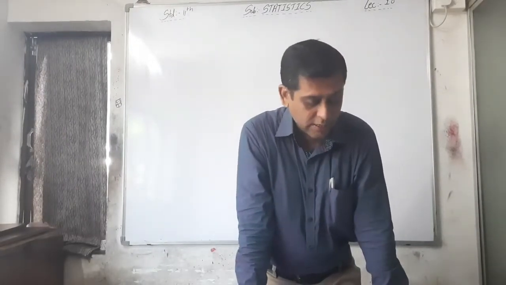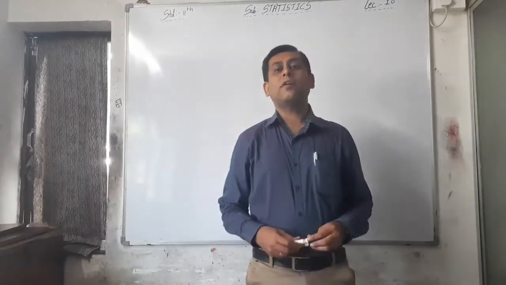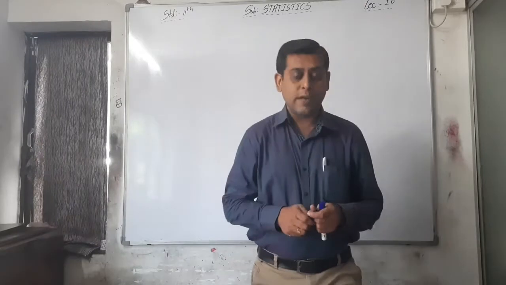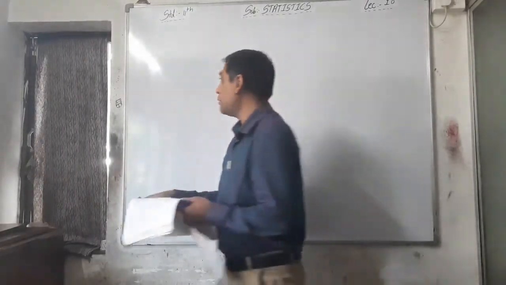We can see that 32, 28, 47, 63 are all given here. That is our ungrouped data. First of all I am writing the question.